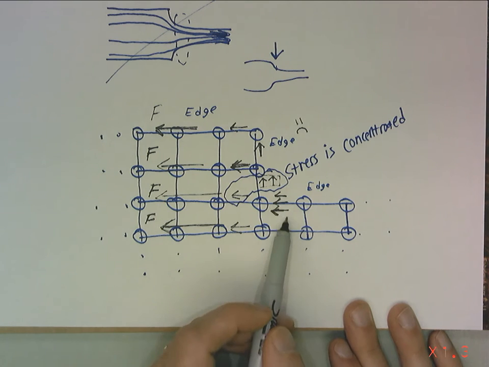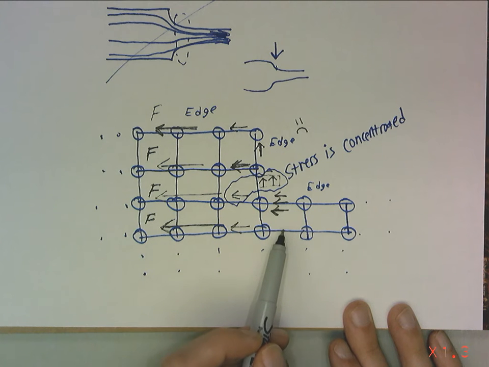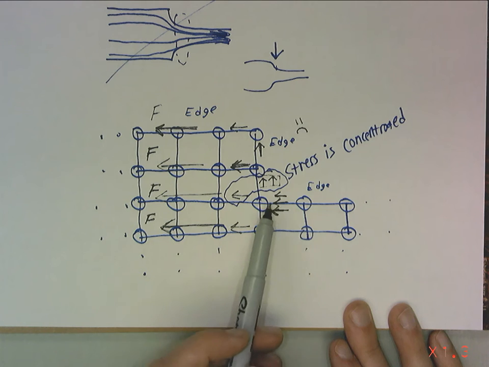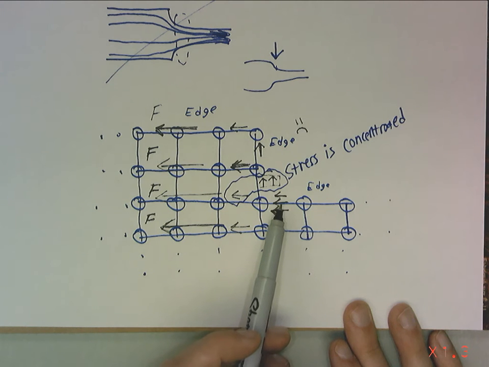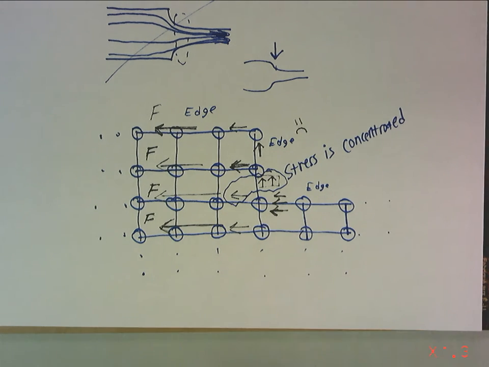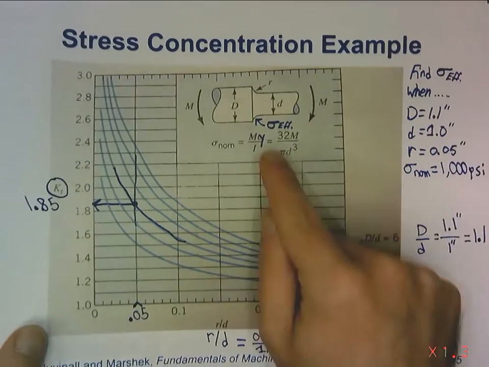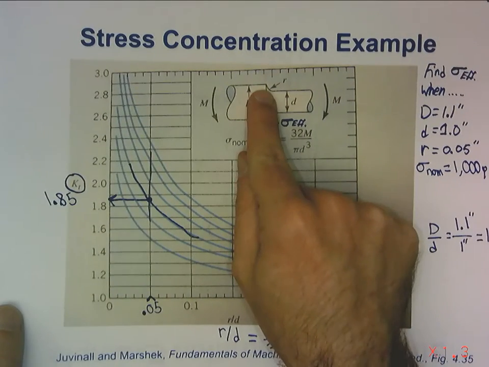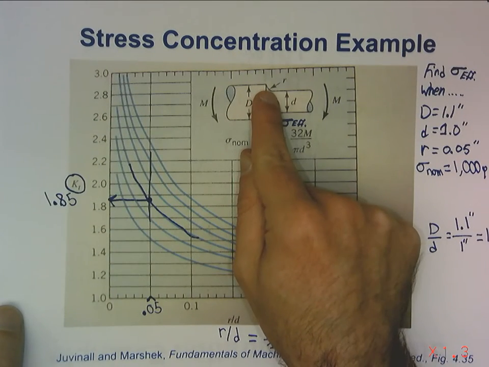Right? This bond breaks. Well, if this is too much force for this bond, what about this bond? Well, it's probably going to break too. So we've got one single weak link where the stress is concentrated. That's why you can take something like our shaft here, and it gets such a higher stress here.